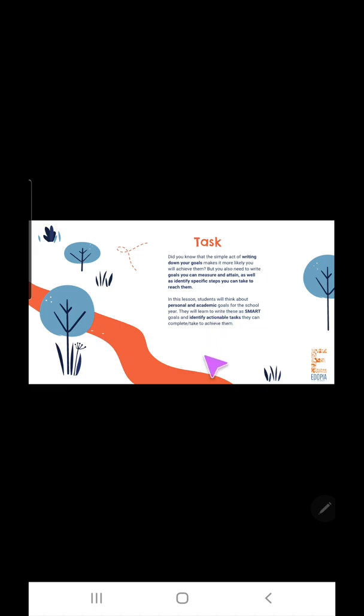And again, an actionable task that was mentioned was to do more practice. So excellent, guys. So that's personal and academic goals. And again, you will learn to write these as SMART goals. So we go on to write these as SMART goals and identify actionable tasks, just like we were giving examples of now, to complete and achieve them.